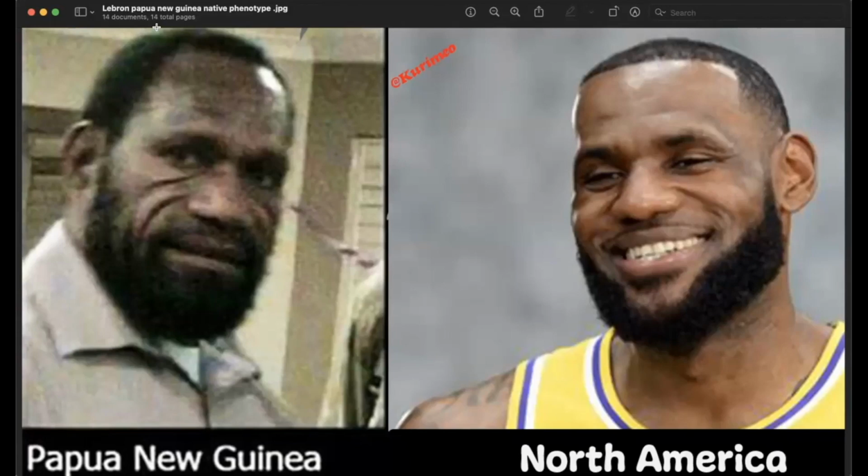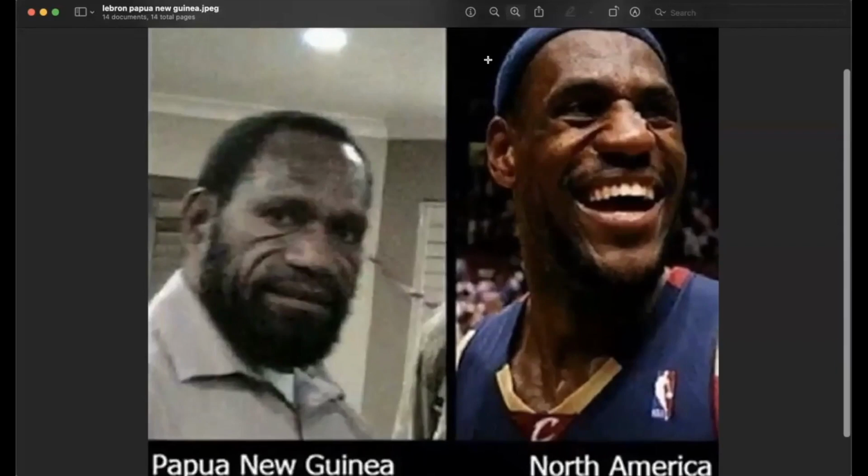And I'm going to show you guys today that these are the people they were calling Chinos. A lot of these so-called Chinos were people from Papua New Guinea. This is actually the one I found on the internet, and I changed it up a little bit, but somebody else had made the connection. Not saying that LeBron is from Papua New Guinea, but he does have a similar look.